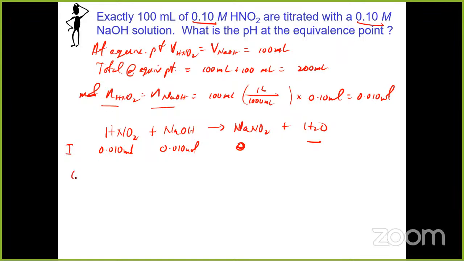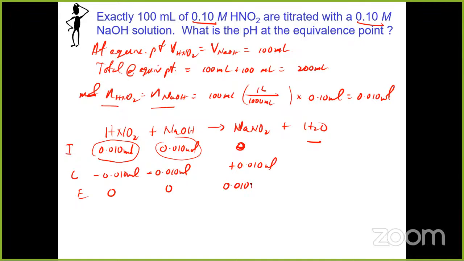And then the change would be, since you have both of them being the same in terms of the number of moles, minus 0.010 moles here, and minus 0.010 moles here. And as far as the sodium nitrite is concerned, the change will be plus 0.010 moles, right? So at the end of the reaction, there'll be none of the reactants, and the only thing remaining at this juncture would be the sodium nitrite, 0.010 moles of that, right?